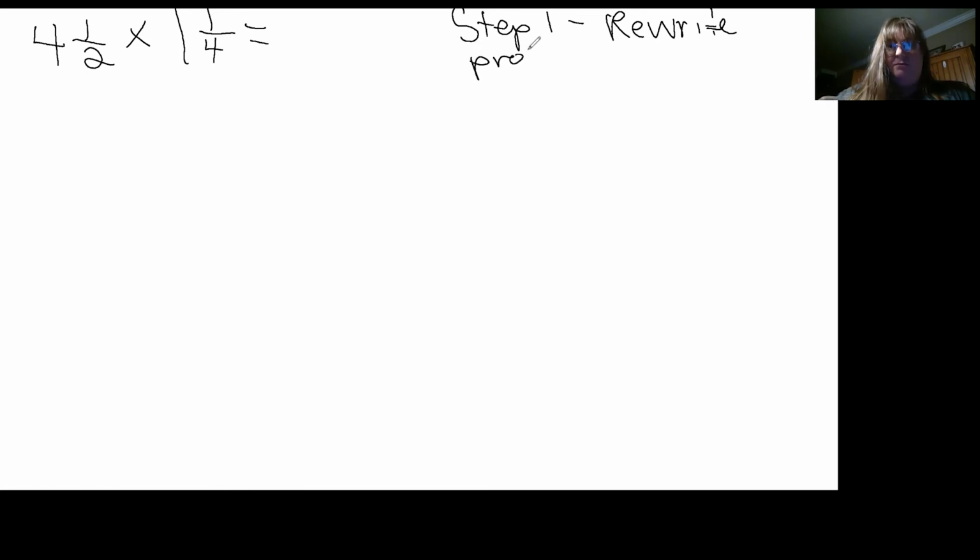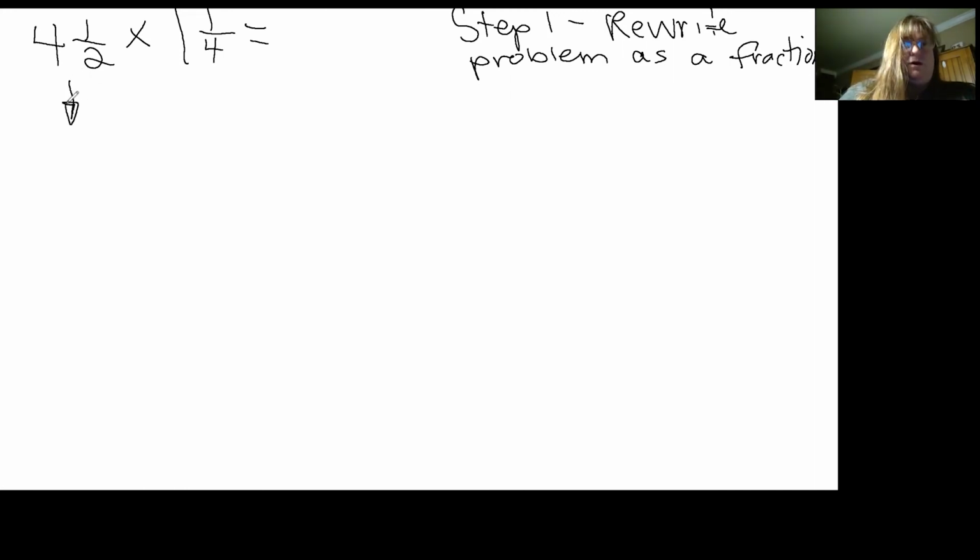Rewrite problem as a fraction. So if we're going to turn 4 and 1/2 into a fraction, 2 times 4 is 8, plus 1 more is 9, over 2.